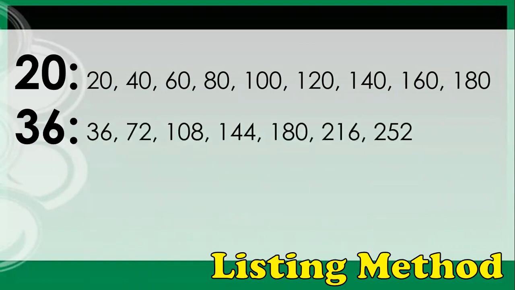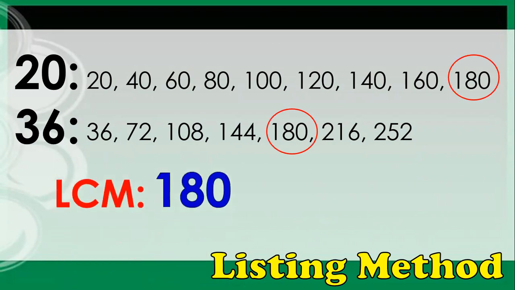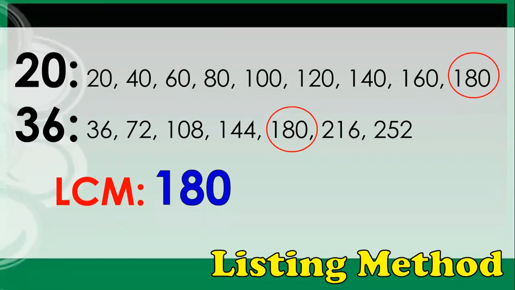We have 36. The multiples are 36, 72, 108, 144, 180, 216, 252, and so on. So as you can see, the least common multiple of 20 and 36 is 180. That's why the LCM of 20 and 36 is 180.